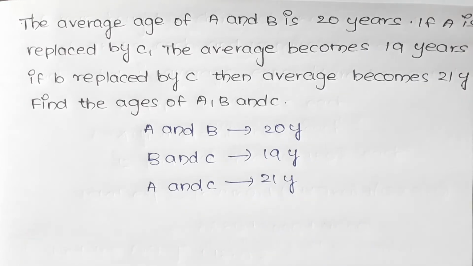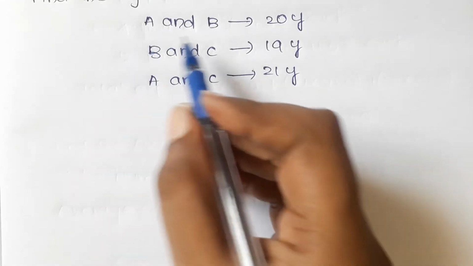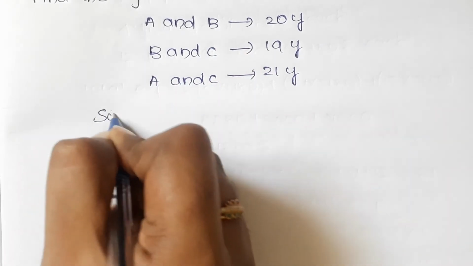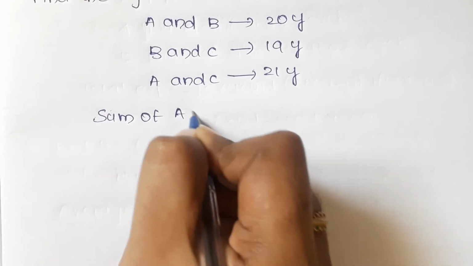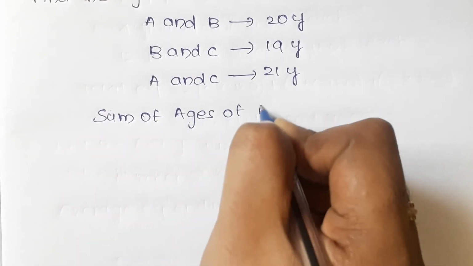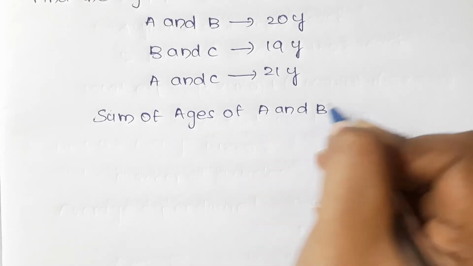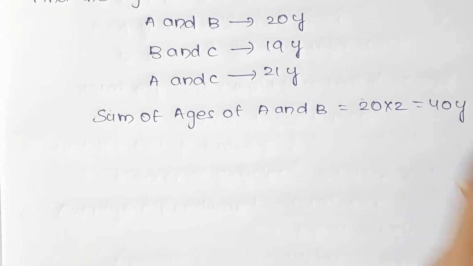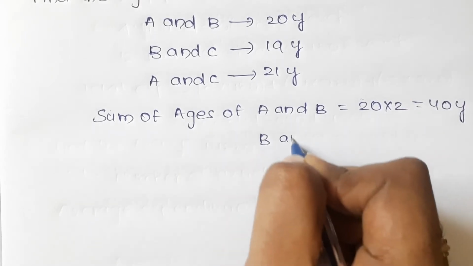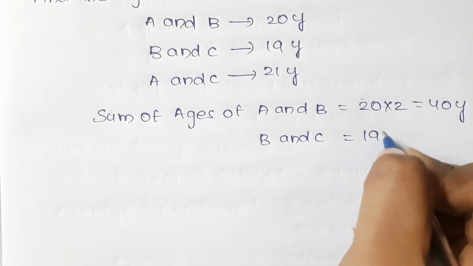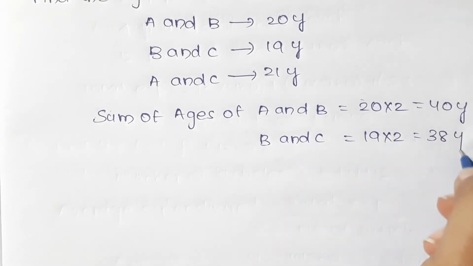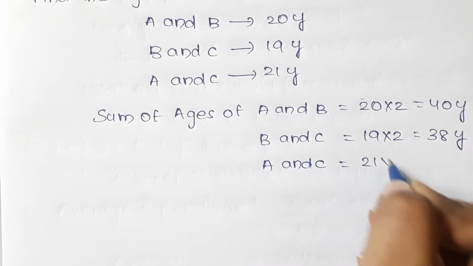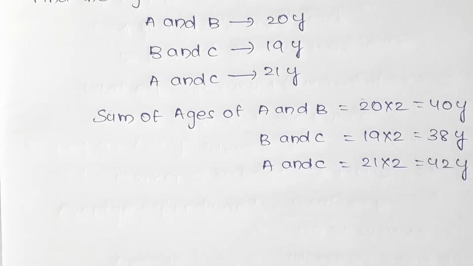Now let us find the sum of the ages. The sum of the ages of A and B is nothing but 20 into 2, that is 40 years. Similarly B and C is 19 into 2, 38 years, and A and C is 21 into 2, 42 years.